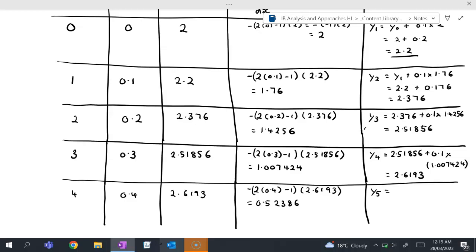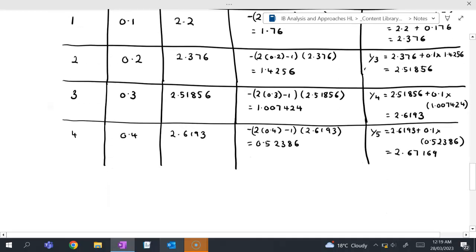So then y5 is y4, 2.6193, plus the step 0.1 times by the derivative, and then that works out to be 2.67169.